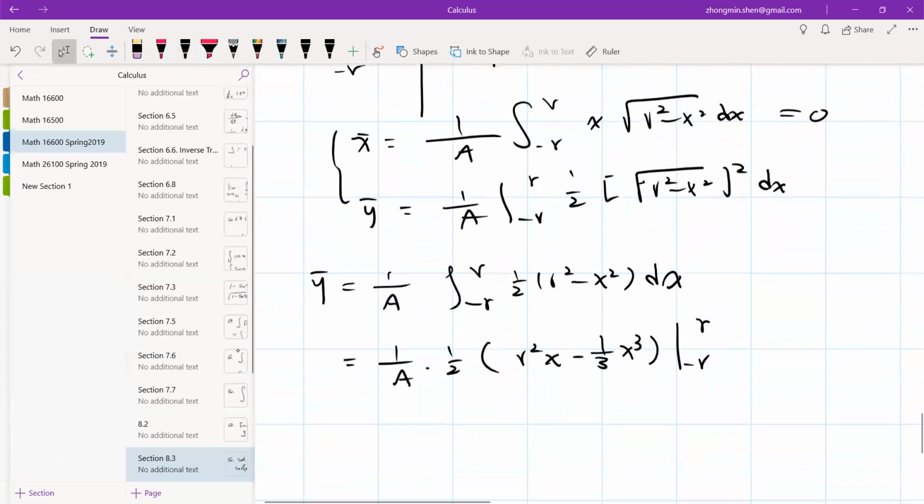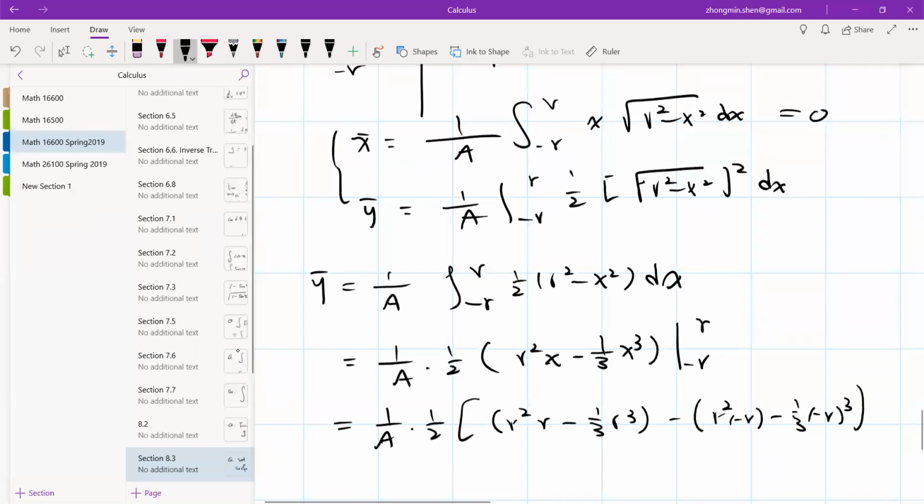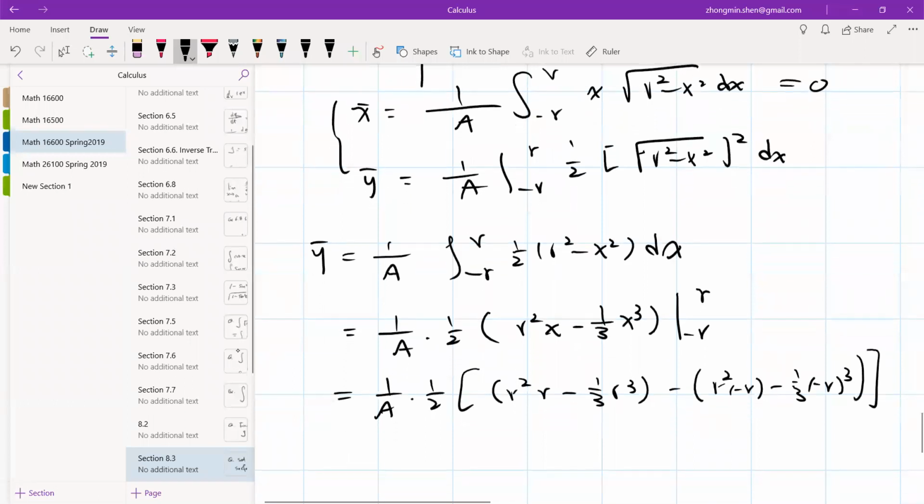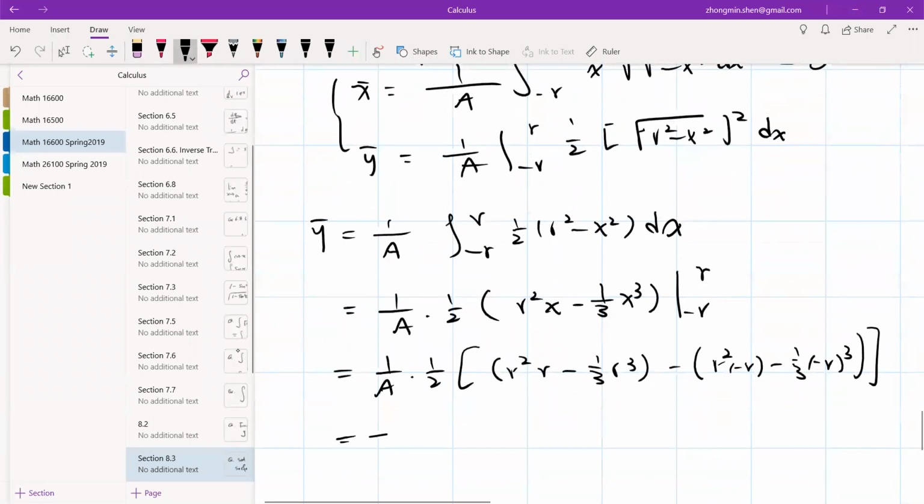All right, so evaluate this integral, what am I going to get? r squared times r minus 1/3 r cubed, minus the same thing times negative r, and here is negative r cubed. So this is actually the same but different by sign, so it's doubled. So I get 2 canceled out, so it will be 2/3 r cubed.